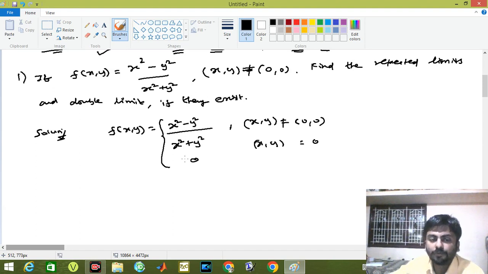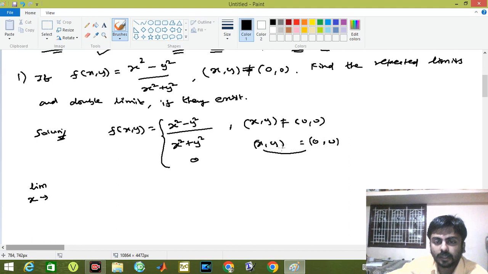So now for this you have to take the limit. What do you have to take? Repeated limits. We are taking 0 comma 0. So limit x tends to 0 and after that limit y tends to 0 of f of x comma y, this is what we have to find now.